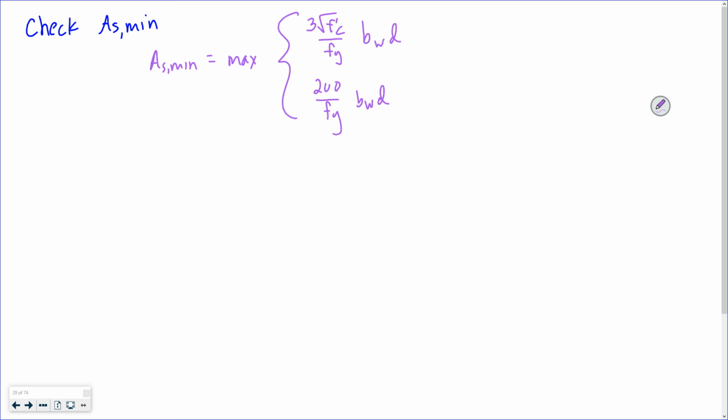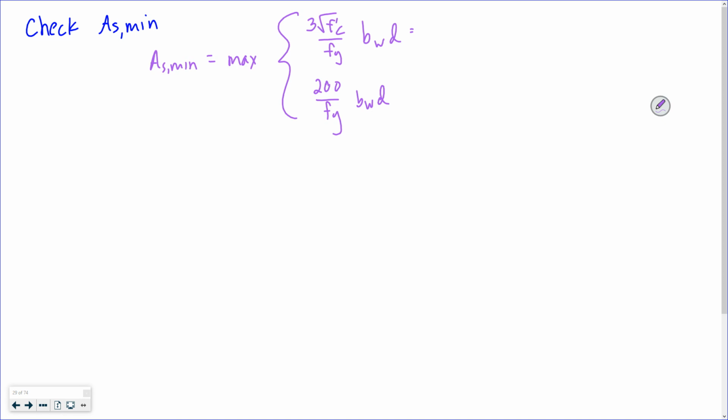And that 200 is in psi. You might want to make a little note in your manual so that you use fy in psi.